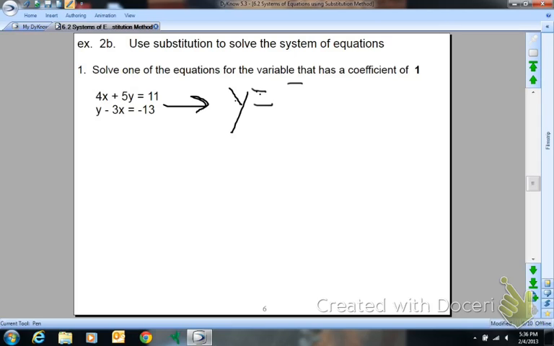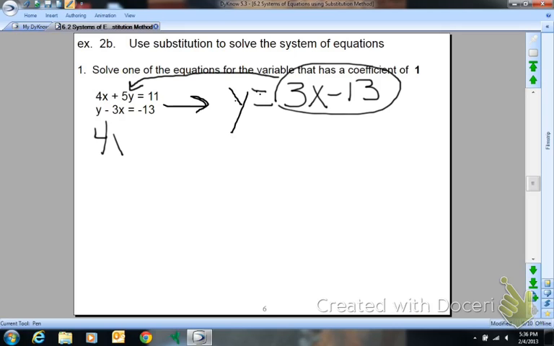And I'm going to add 3x to both sides, so it's 3x minus 13. Again, I am going to plug this in the first equation wherever I see y. So that's 4x plus 5, parentheses 3x minus 13 is equal to 11.